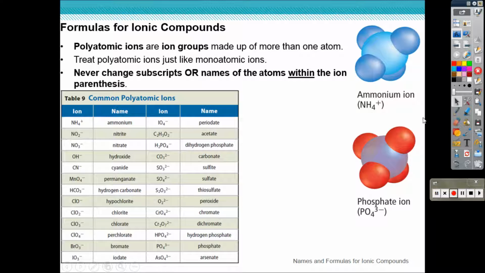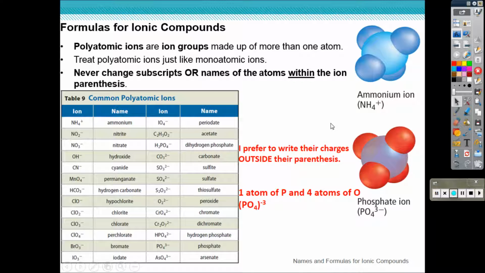What do I mean by this? Well, if you look at ammonium, that's NH4. We'll never change the name ammonium to anything else, and you cannot change the numbers inside of ammonium. There will always be just 1 nitrogen and 4 hydrogens, and all of that added together gives it a +1 charge.